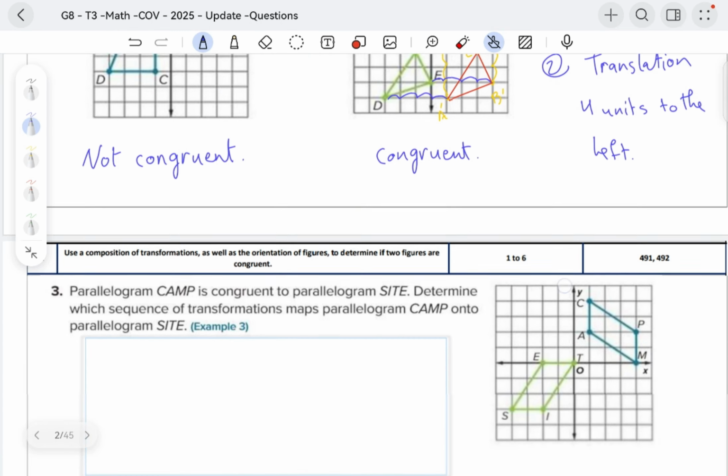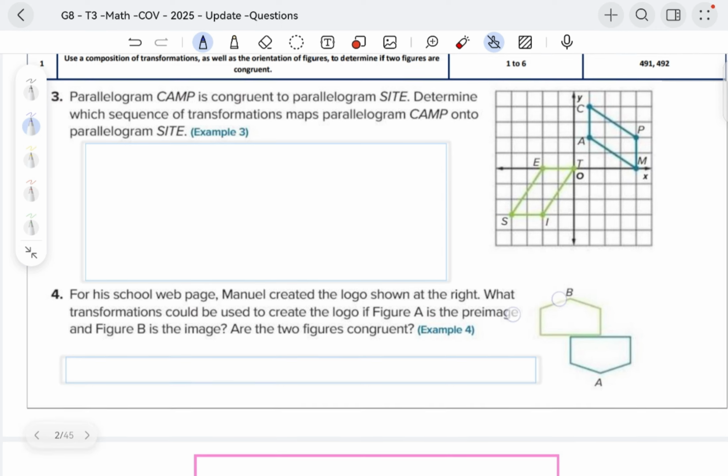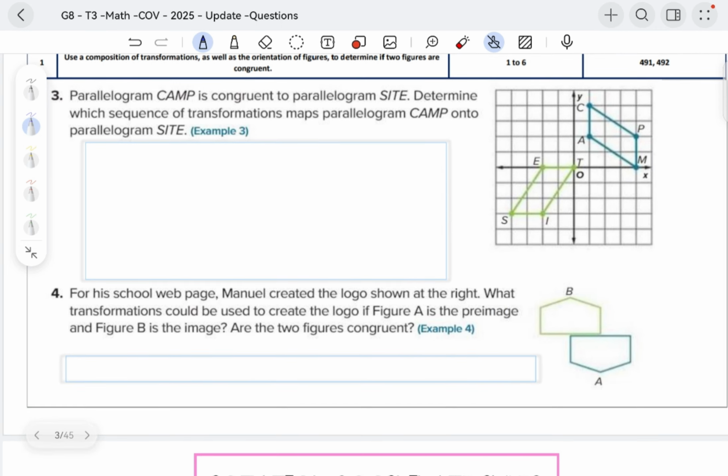Okay, now let's go for question number 3. Here the question says that these parallelograms are congruent to each other. So they are identical to each other. We have to determine the sequence of transformation. So we can tell that parallelogram CAMP is rotated 90 degrees and then translated down a number of units.